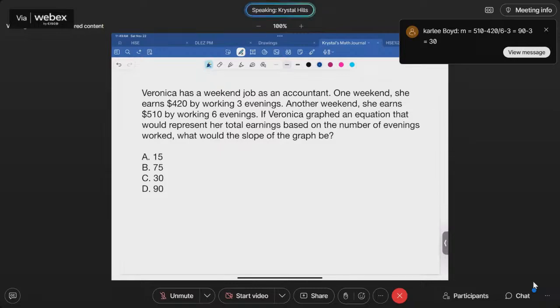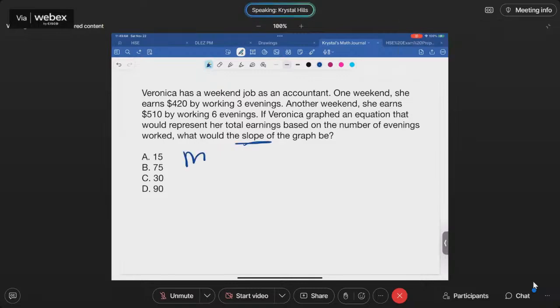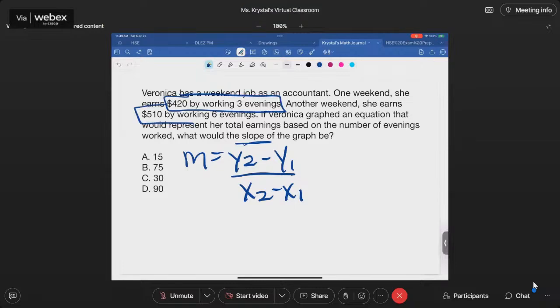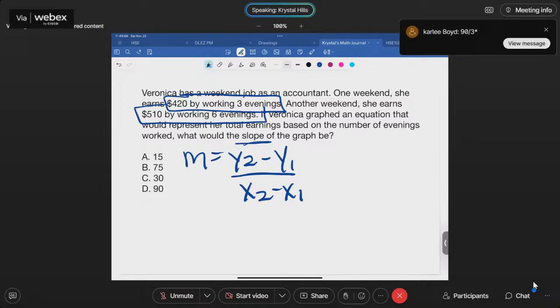So I see my keyword is slope, and I know I'm going to use this formula. And I know that these numbers are going to be my X's and my Y's, but how do I know which one is going to be X and which is going to be Y?